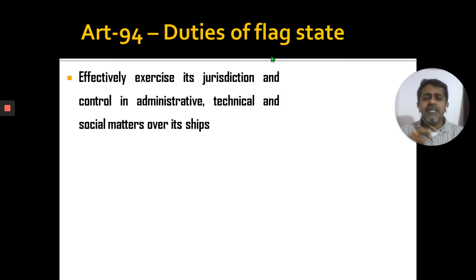That state has some duties with respect to this sailing. What are those duties? They are provided under Article 94 of the United Nations Convention on Law of the Sea of 1982: effectively exercise its jurisdiction and control its administrative, technical, and social matters over its ship.